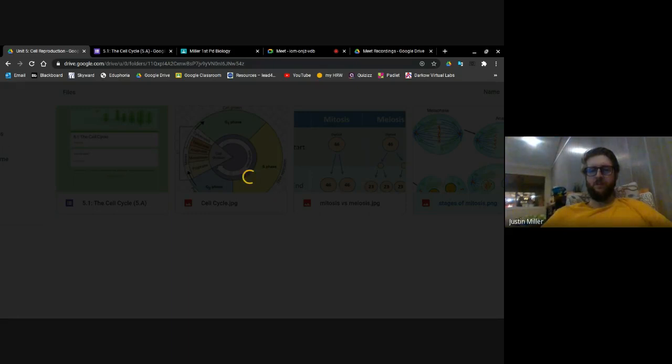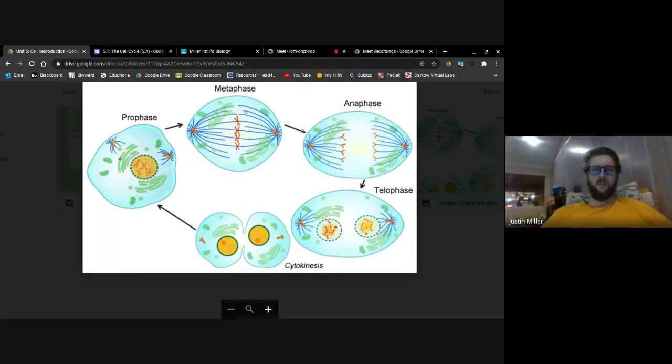So when this picture loads, these are the actual stages of mitosis. At this point, the cell has gone through interphase, which are all three stages of G1, S, and G2 together.